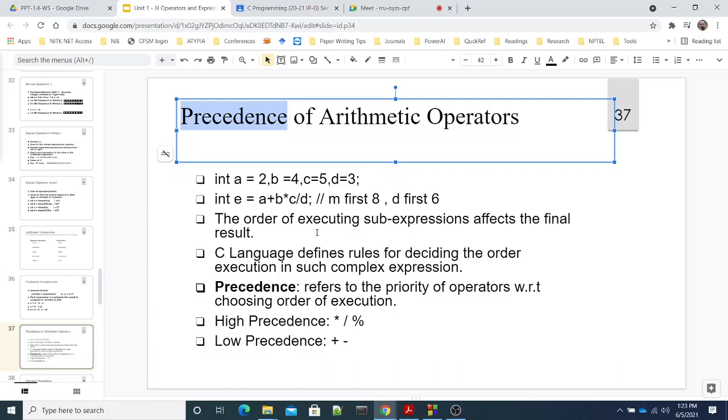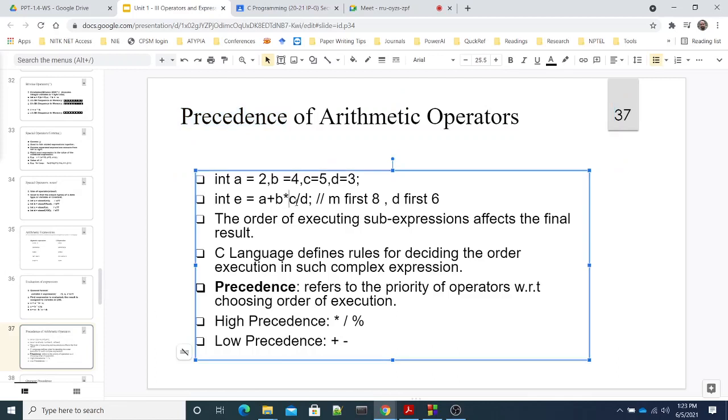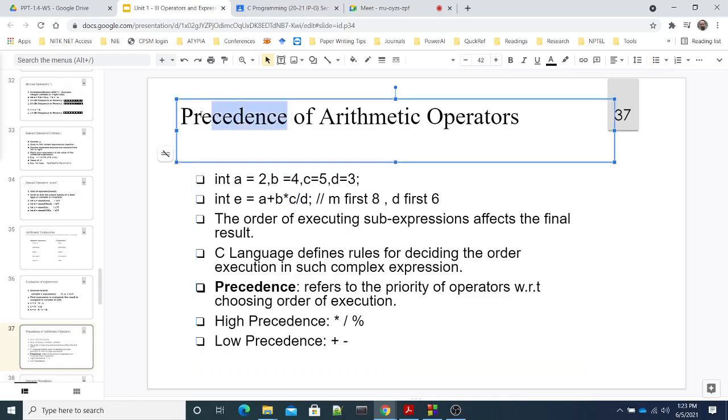In mathematics, addition is having a little bit higher precedence, and division is having a little bit higher precedence compared to multiplication. That is why this is taking place first. But in mathematics, multiplication and division are having the same priority or same precedence.